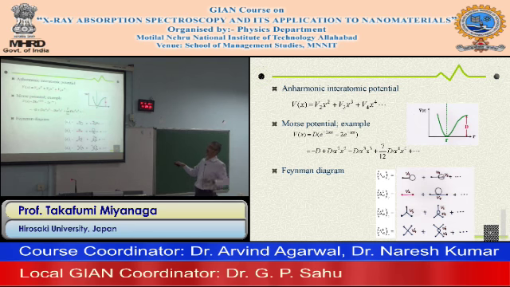So in the case of the anharmonic potential, the second order cumulant is no longer only the harmonic part. It includes the fourth order part, maybe sixth and higher orders.